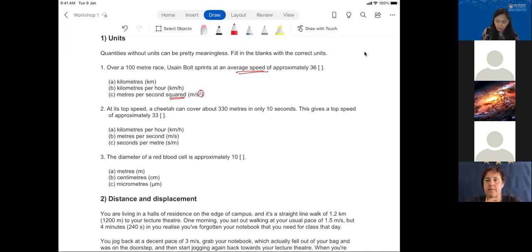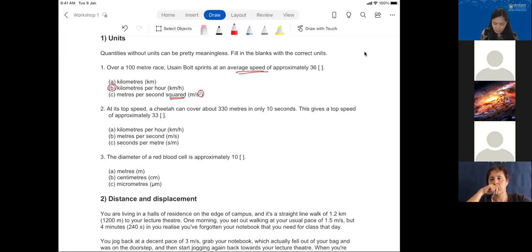We will actually encounter this unit in the next lecture, but that means it's not the answer for this question, which means kilometers per hour is the unit for the average speed. It's not the standard unit, because the standard unit would be meters per second, but it's still distance divided by time, so kilometers per hour. So 36 kilometers per hour is roughly 10 meters per second, which means over a 100-meter race, Usain Bolt sprints that in just 10 seconds.